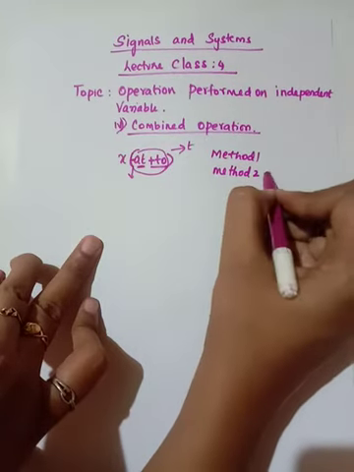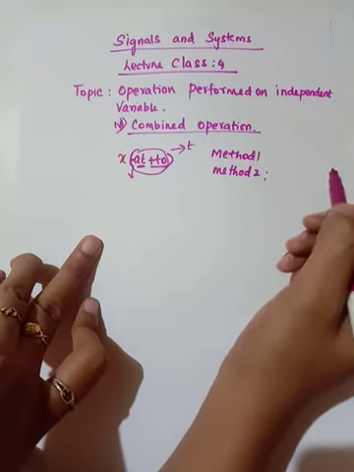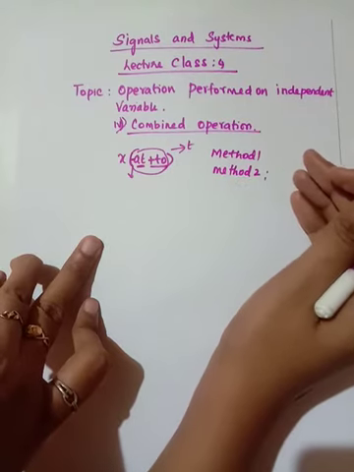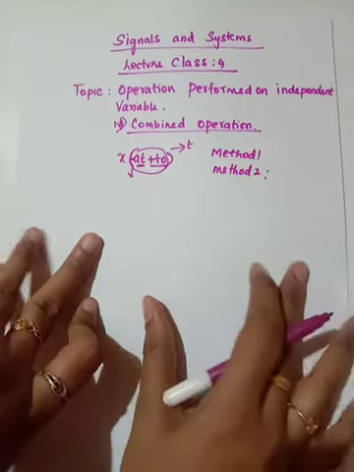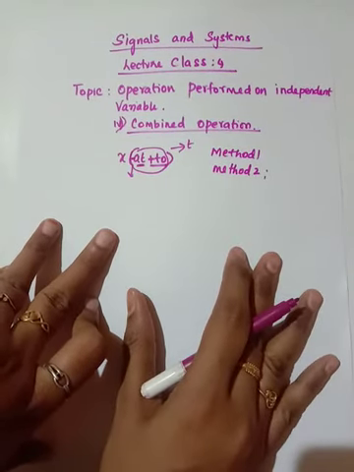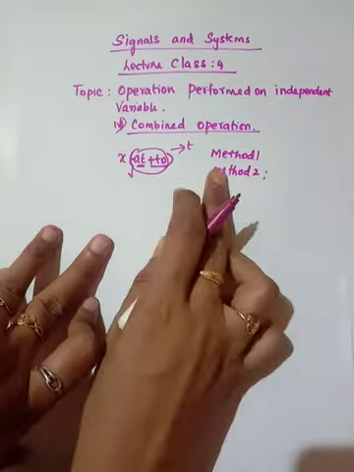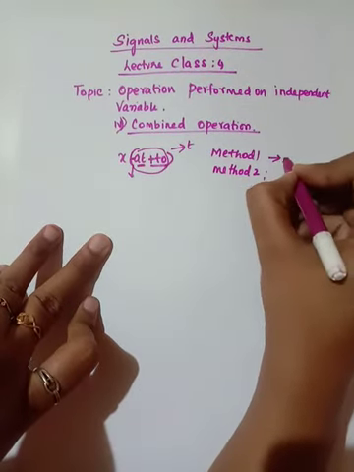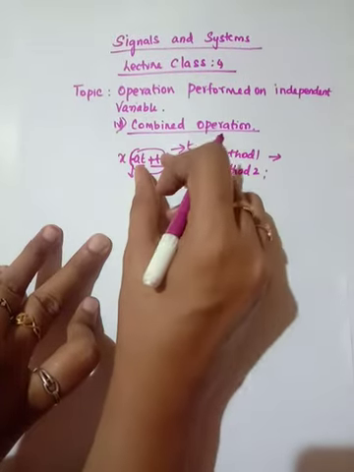In method 2 we directly perform the sketch by some procedure. In this class, we are going to see the combined operation by both methods. There is no special procedure in method 1, just substituting these values.